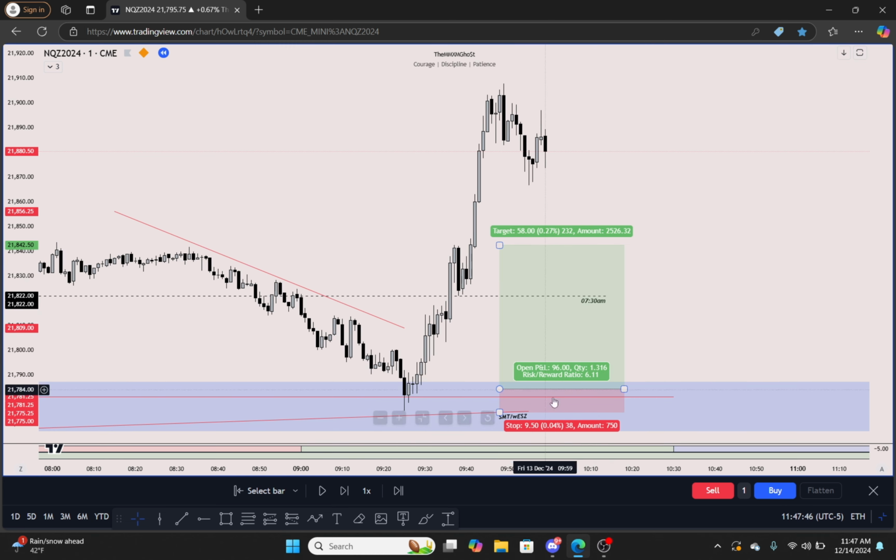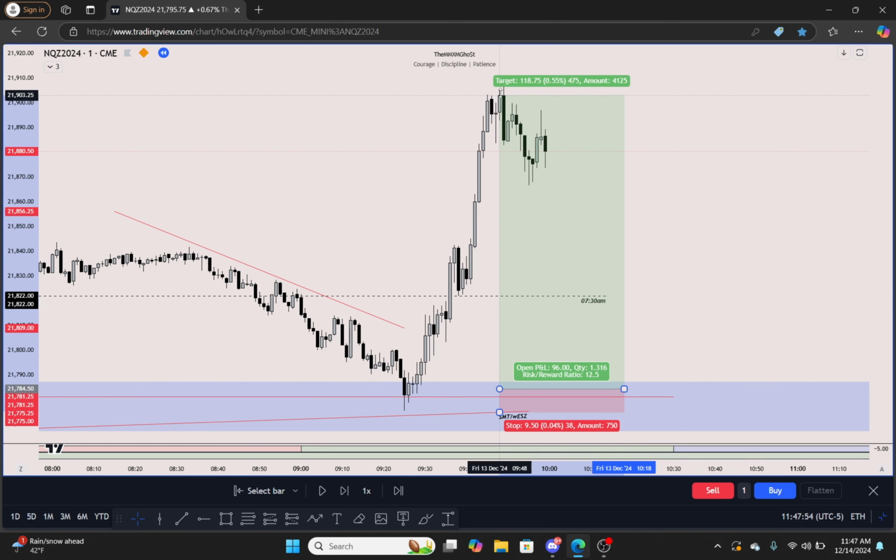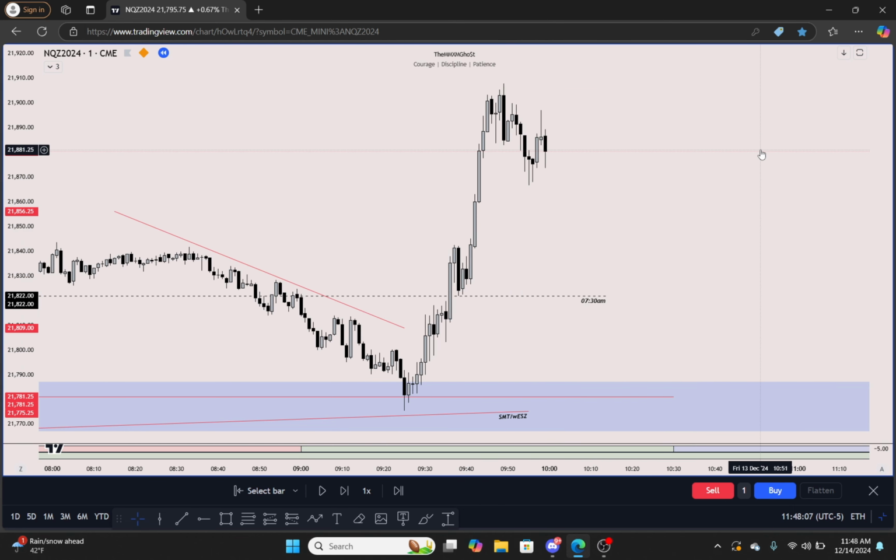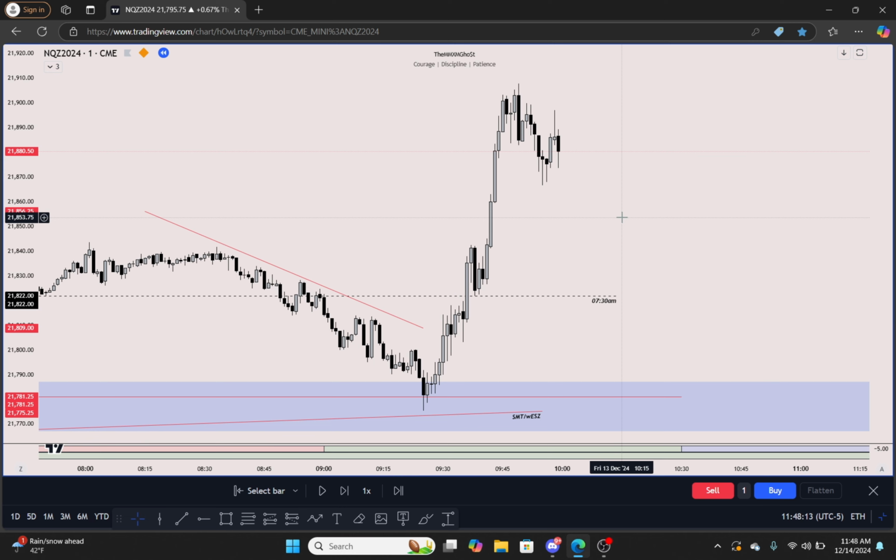So around 5 to 6R, and that's all I need. Okay, I don't have to hold every trade, expecting it to run for 300, 400, 500 ticks. Okay, I'm completely comfortable with consistently making at least a 2 to 1. Okay, 2 to 1 with one mini contract is more than enough.